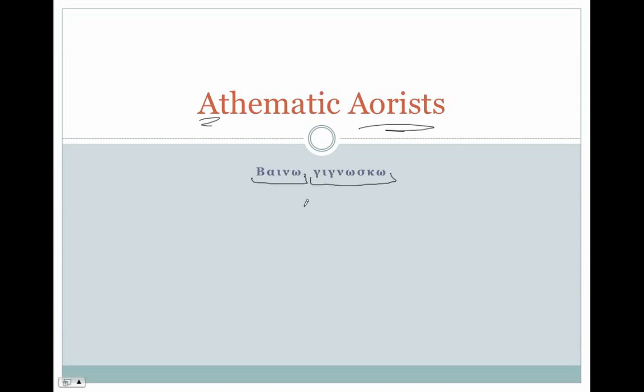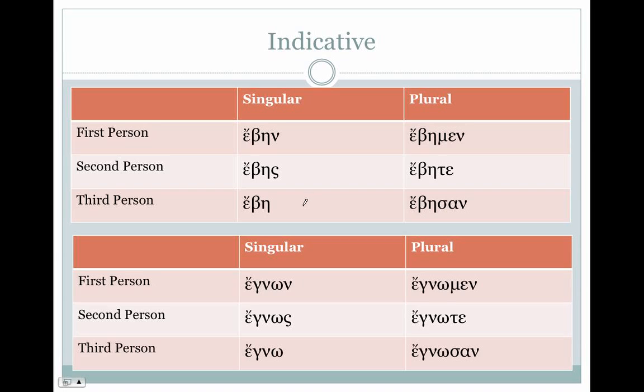So let's take a look at these, and we're going to look at them side by side. First we'll take a look at the indicative. All of these are aorists, of course. We have our augment, since it's indicative, and ἔβην. Ἔβην, ἔβης, ἔβη, ἔβημεν, ἔβητε, ἔβησαν. The stem is βη, and we just add our endings right onto it.